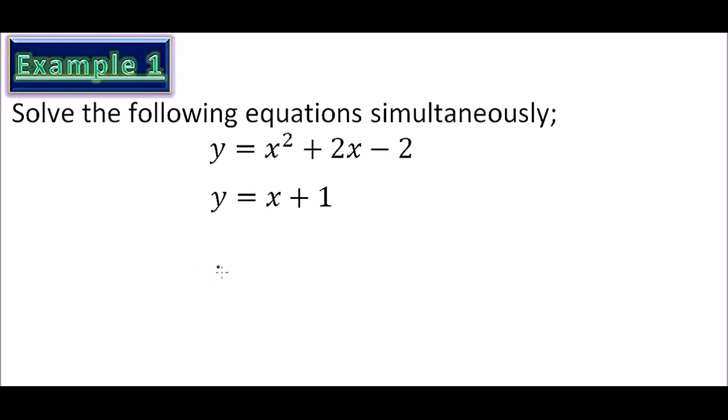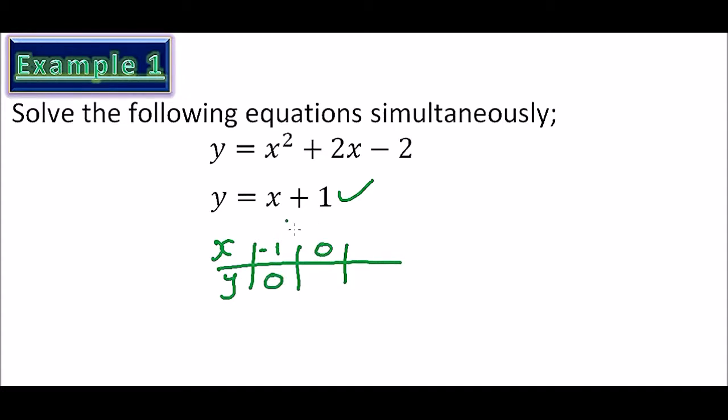So we now make a table to assist us to plot the graph of y is equal to x plus 1. This is a linear function. We need at least 3 points. So we make a table. This is our x and this is y. Let's start with minus 1, then minus 1 plus 1, y will be 0.